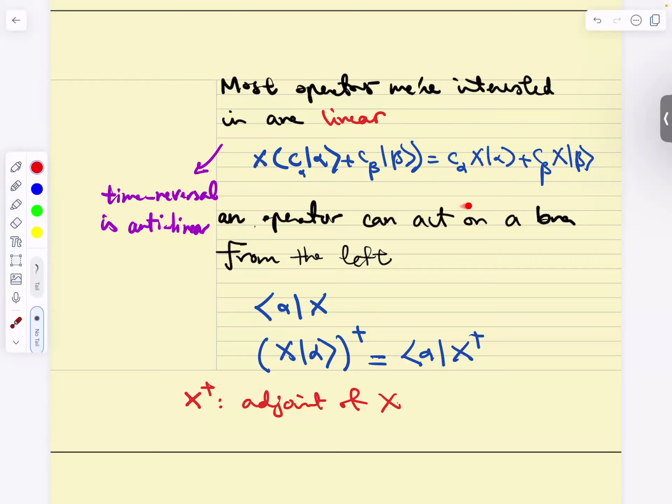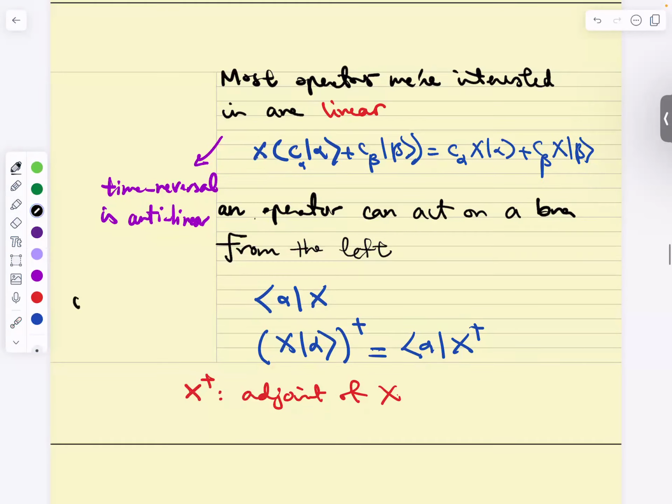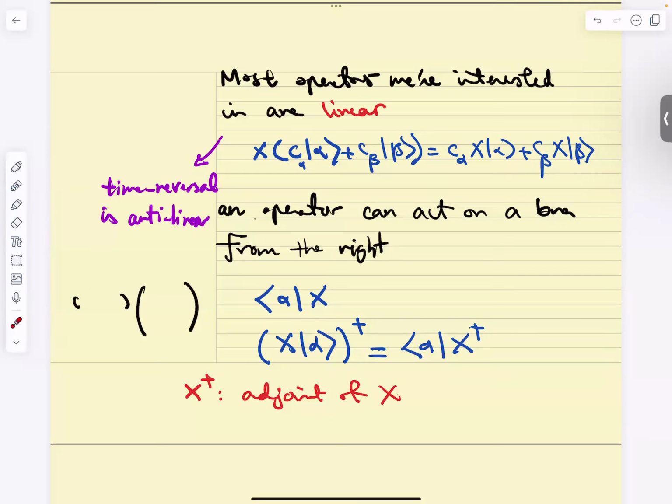An operator can also act on a bra, because you could multiply a row vector. Sorry, from the, no, I get my left and right confused, from the right. Because if you want to multiply a bra by a matrix and get another bra, you have to multiply from the right.